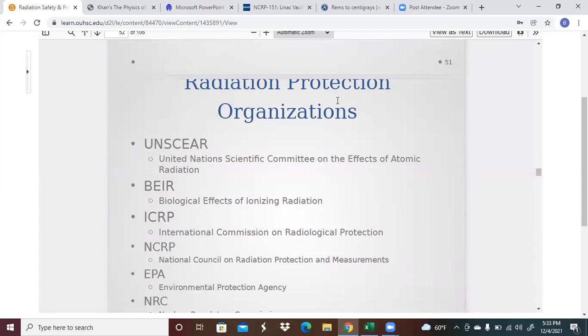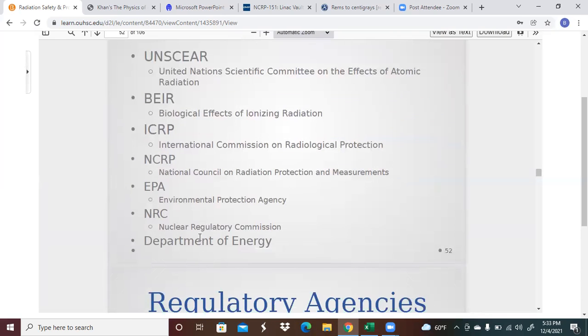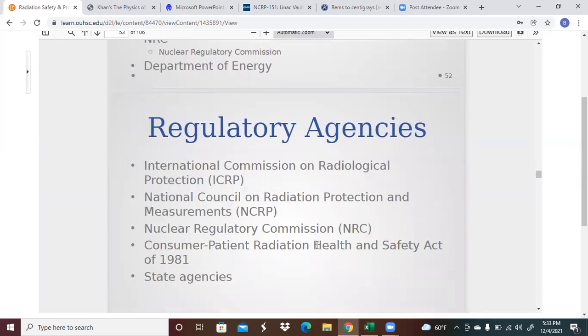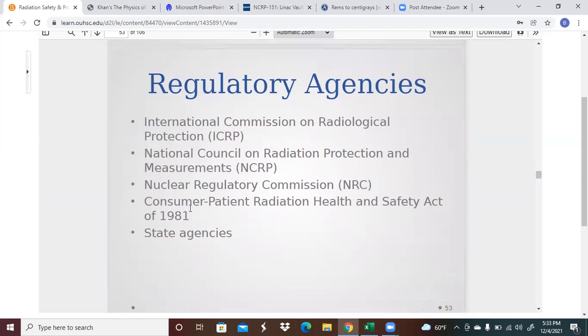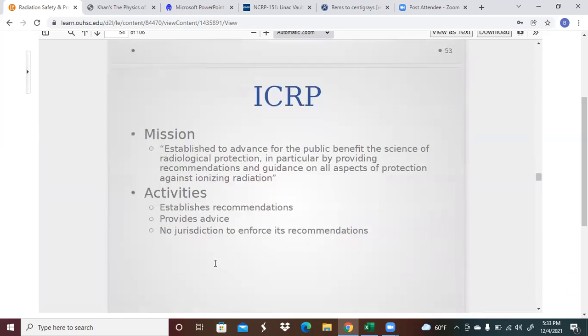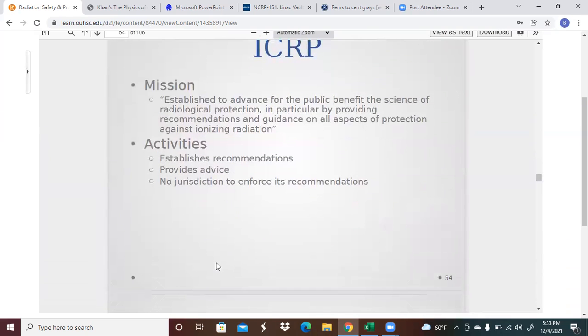So you have certain radiation protection organizations: UNSCEAR, you've got BEIR, ICRP, NCRP, the EPA, the NRC, and the Department of Energy. And you can see all of these listed here. So the ICRP was established to advance for the public benefit the science of radiologic protection, in particular by providing recommendations and guidance on all aspects of protection against ionizing radiation.